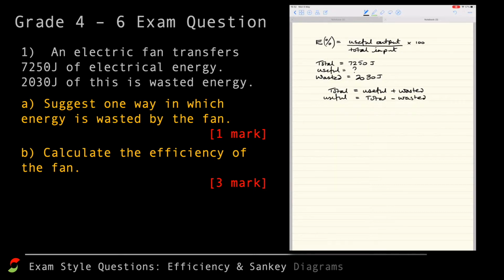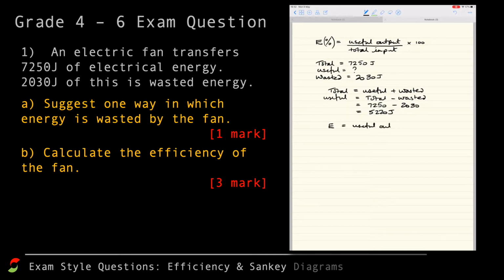And now we can substitute those numbers in. So we've got useful is equal to 7,250 minus the 2,030, and that gives us 5,220 joules, just about.